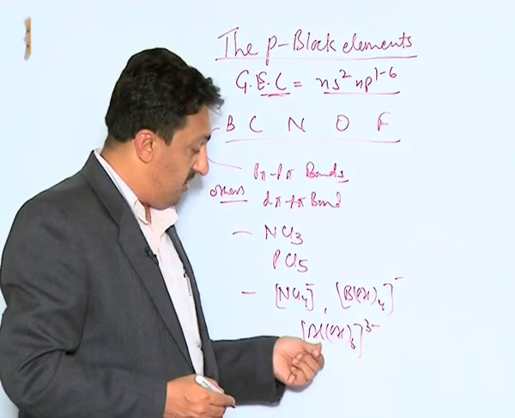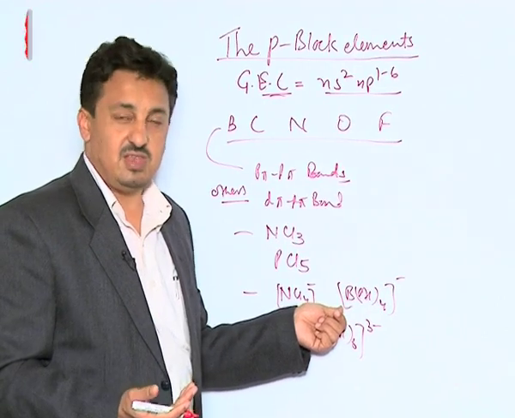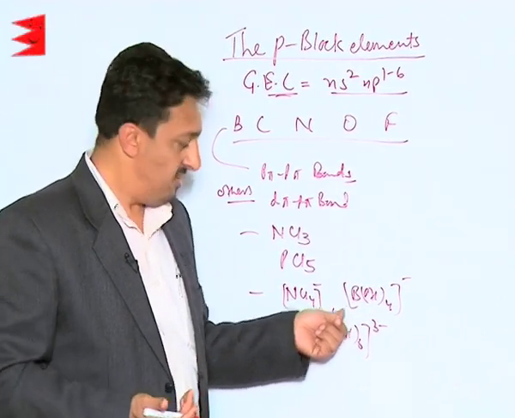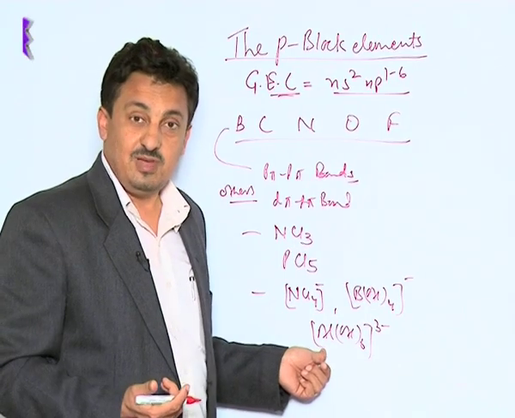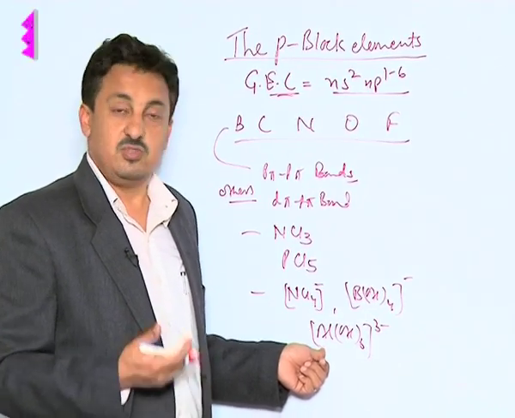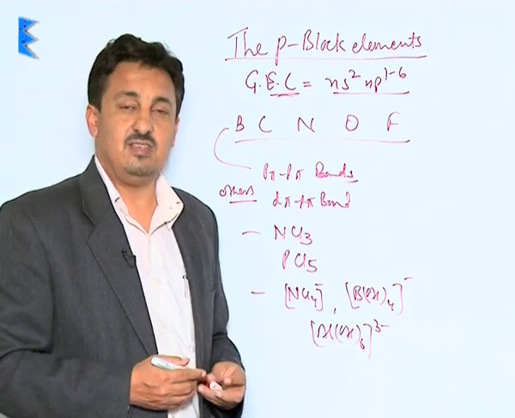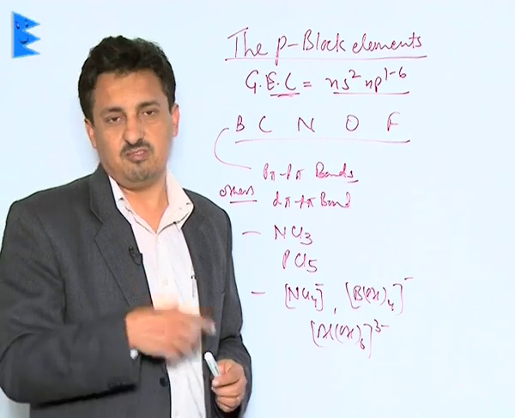So the difference is that they usually get sp3 hybridized and acquire tetrahedral geometry, whereas the other group elements usually acquire octahedral geometry, or a coordination number 6 or even 8. So this is what makes these elements, and this block, very interesting.